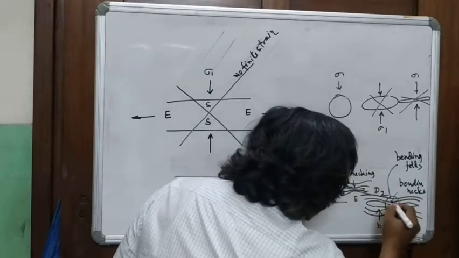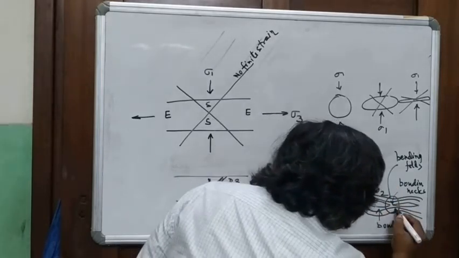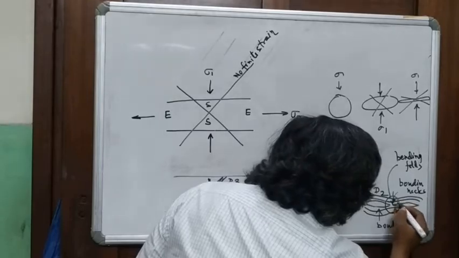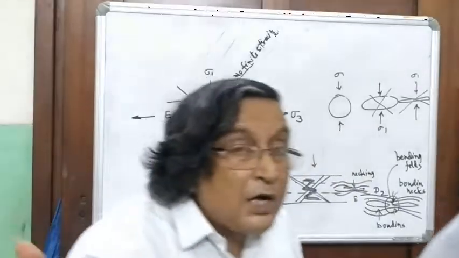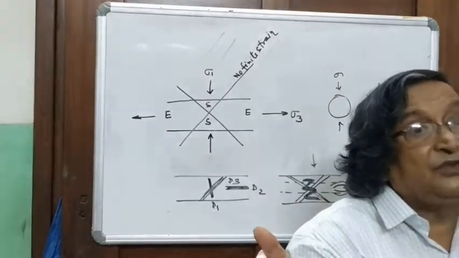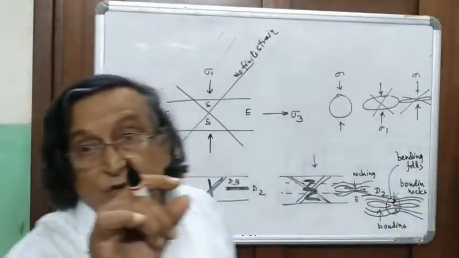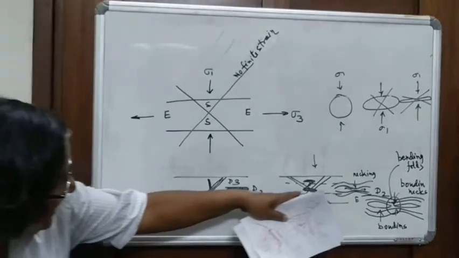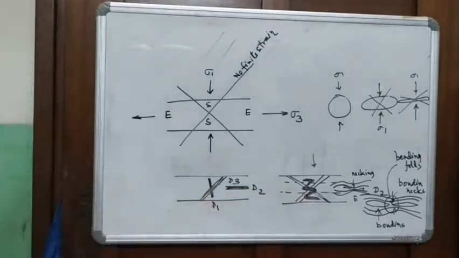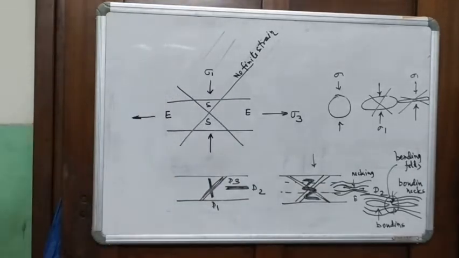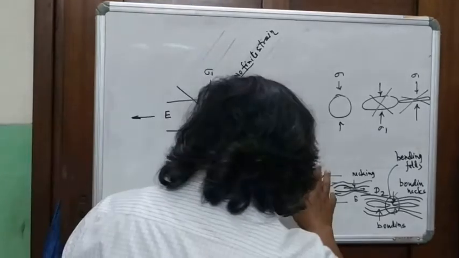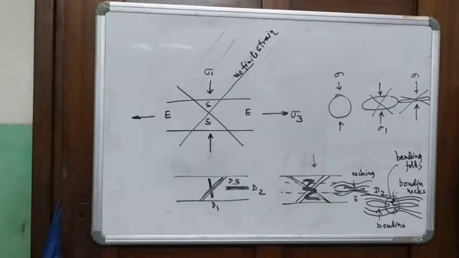But here, where the boudin is, you will see this goes inside, and you have sort of a bending fold. But they are large wavelength folds, very large wavelength, small amplitude folds. But this is not the case if you are here. This will undergo folding. Have you understood? So essentially, this is something very interesting that happens.